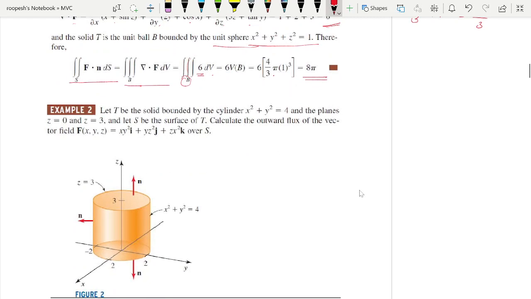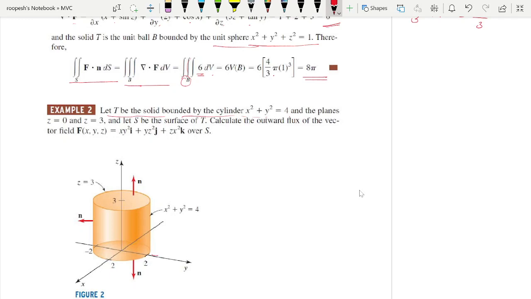Let T be a solid bounded by the cylinder x square plus y square equal to 4, and the planes z equal to 0 and z equal to 3. So here z equal to 0 and here z equal to 3. So we should consider this cylinder.